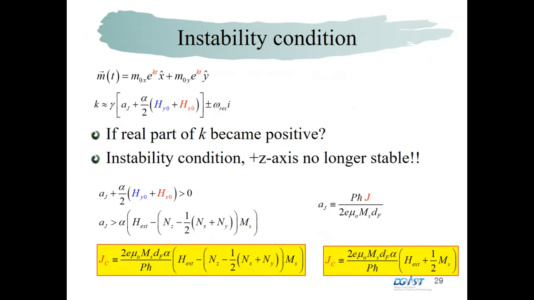I don't know why I missed the sign again here. When this becomes positive, then we have an instability condition, in other words, we have a switching.